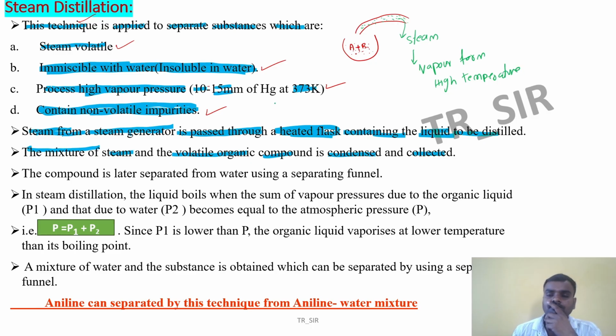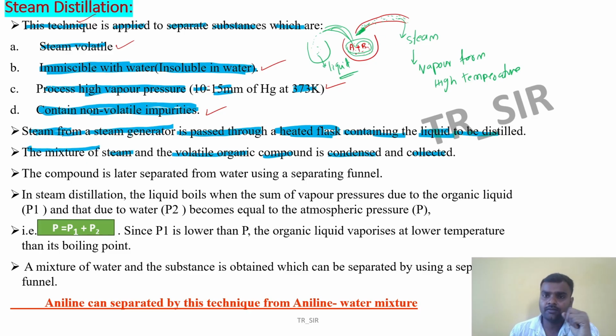Whenever we pass the steam on this, the liquids which start vaporizing, the vapors we will separately take and condense. It will form a liquid. The simple thing, nothing more to it.